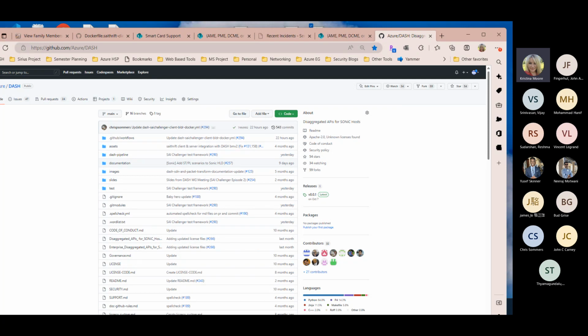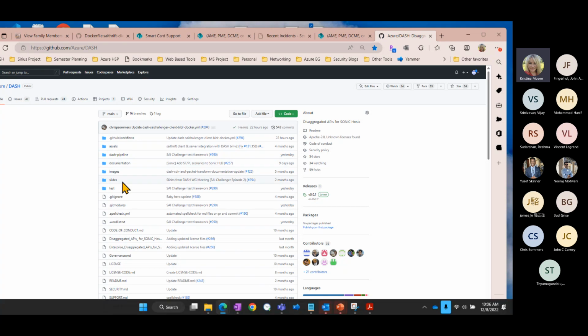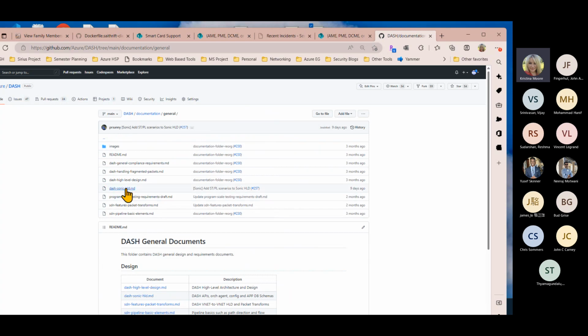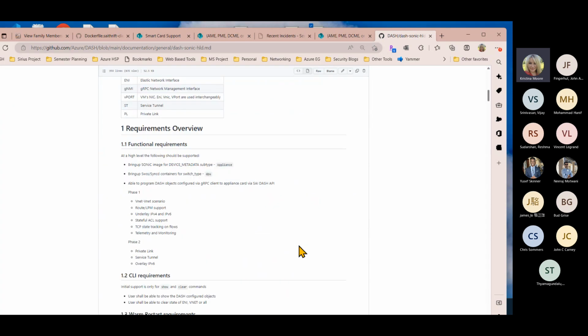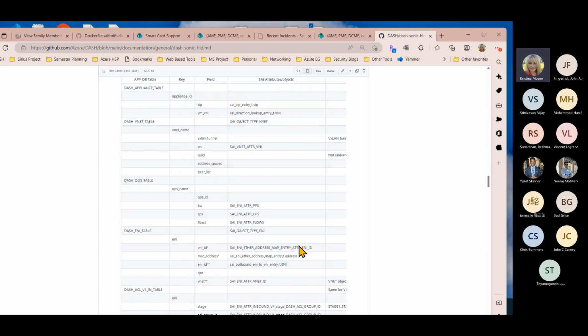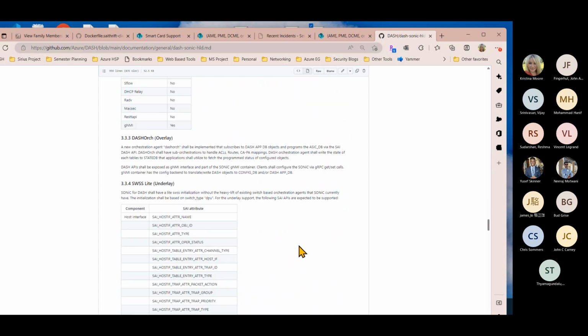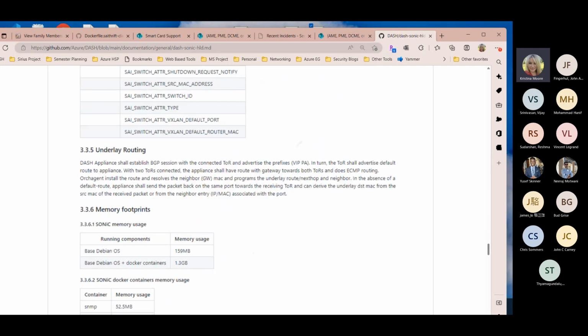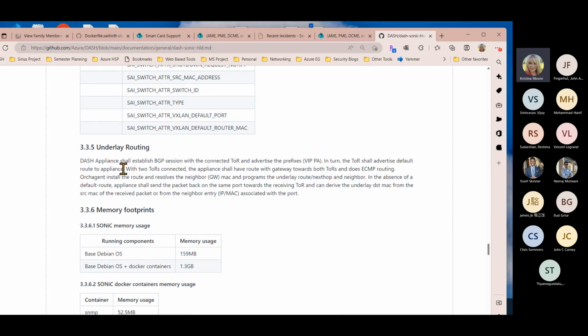I did take it to the SDN team, and luckily, Gohan and Prince joined the call yesterday and pointed out that in the SONiC HLD, in this documentation, if you go down to 3.3.5, something like that, underlay routing. Here we go. It talks about whether it's an appliance or even a smart switch. This was how we were thinking that the egress port would be selected.